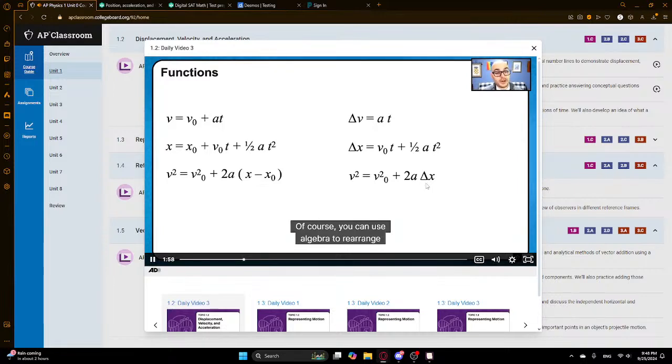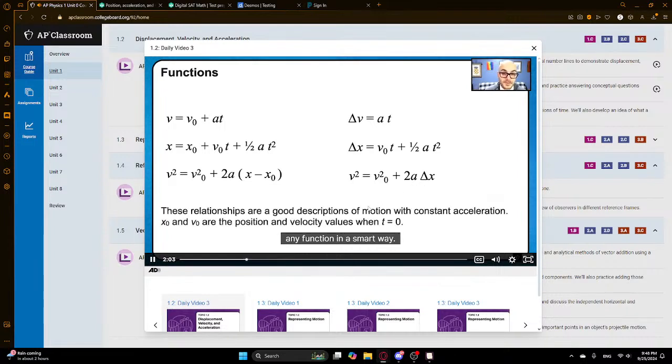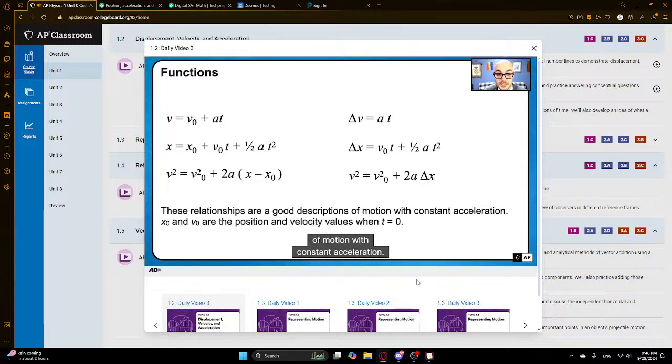Of course, you can use algebra to rearrange any function in a smart way. These relationships are great descriptions of motion with constant acceleration. Position and velocity with those little subscripts of 0 are the position and velocity values when time equals 0. Sometimes they'll be called x sub 0, x initial, x starting, x naught, which means x subscript 0.